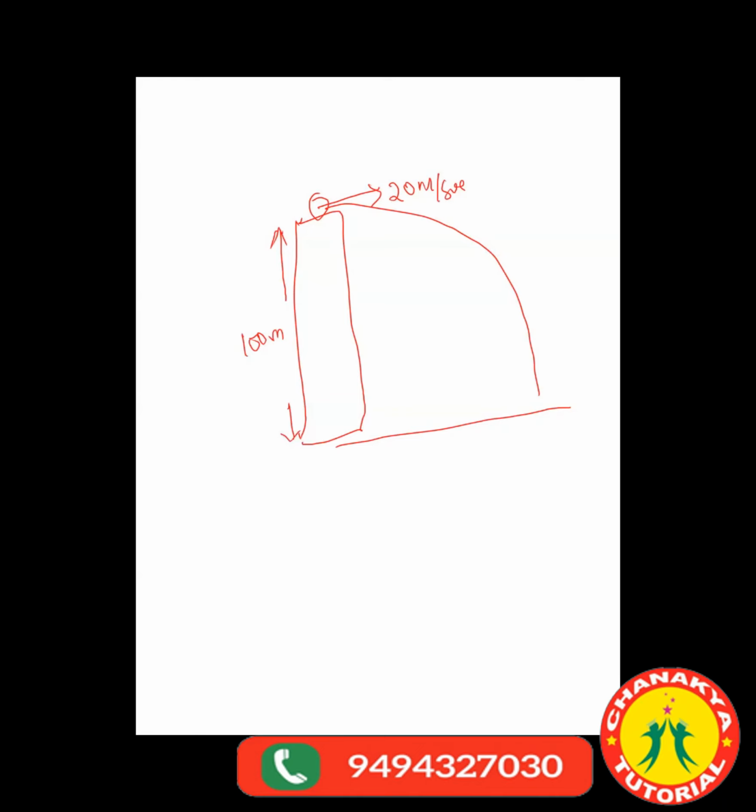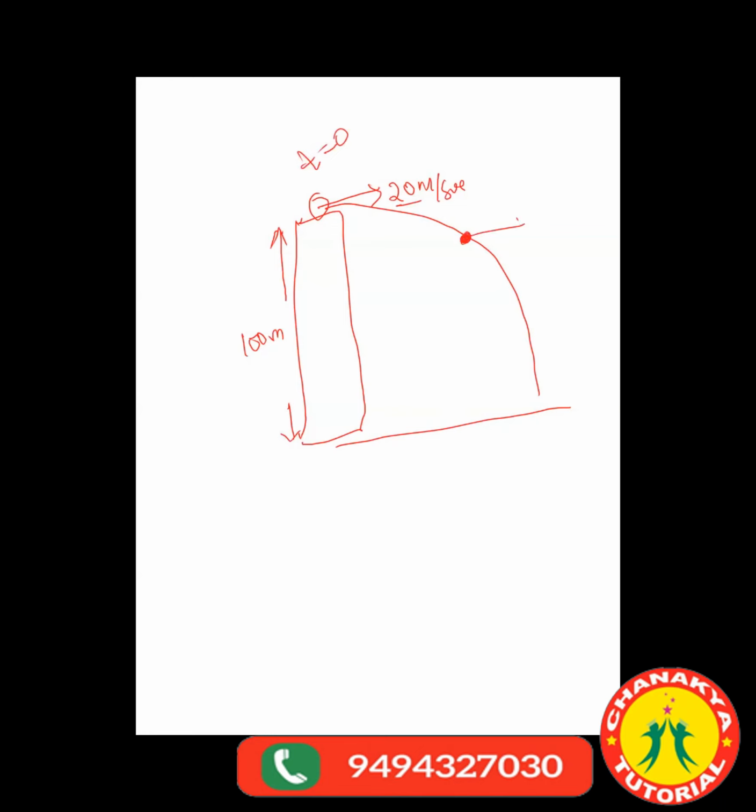See, guys, will this 20 meter per second change at any time? No, sir. Why? Horizontal velocity. Yes, because there is no acceleration in the horizontal direction. So I'm asking after 2 seconds, assuming t equal to 0 here. After 2 seconds, let us say the ball comes here.